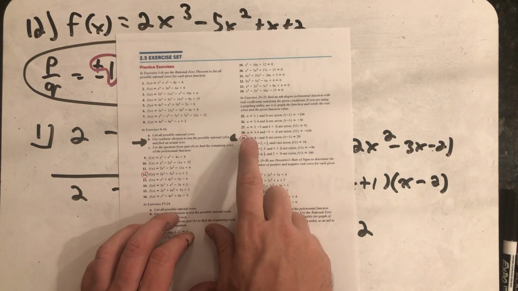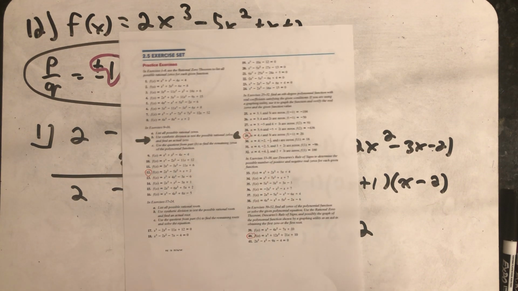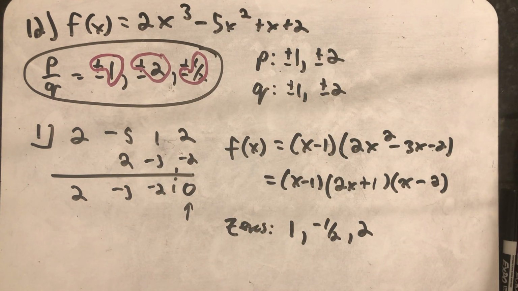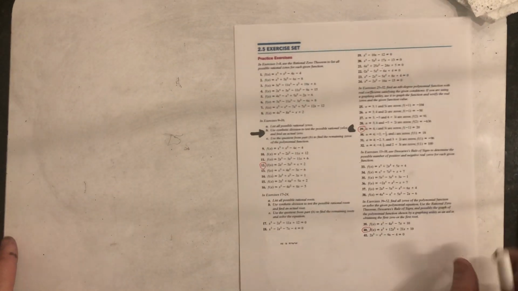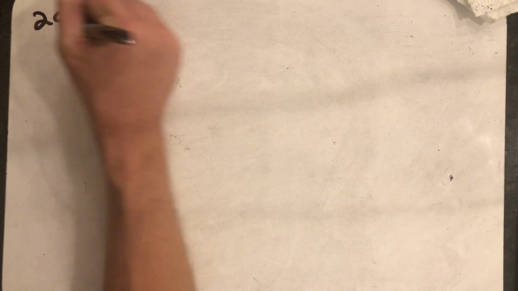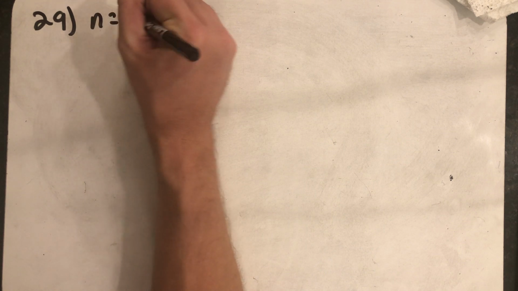Next up, I wanted to do number 29, which actually has us build a polynomial from its roots. So I'm going to summarize problem number 29 here, and then we'll read the directions.